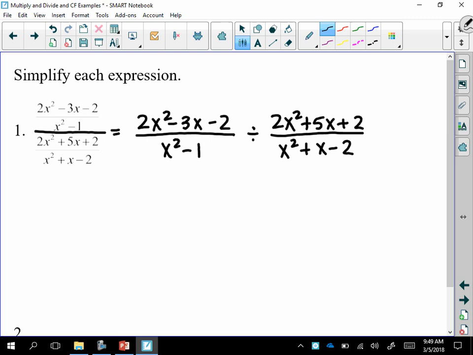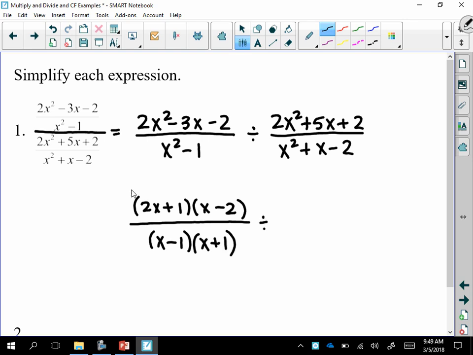So factor it now that we've written it as a traditional quotient problem. Factoring that first numerator would be 2x plus 1 and x minus 2. And the denominator is the difference of two perfect squares, so x minus 1 and x plus 1.